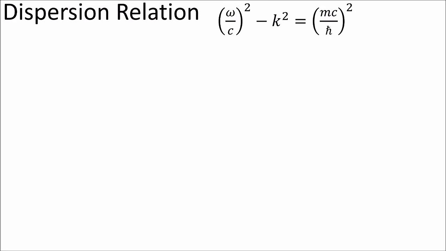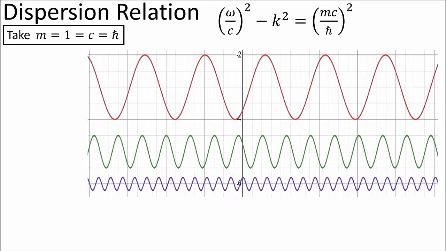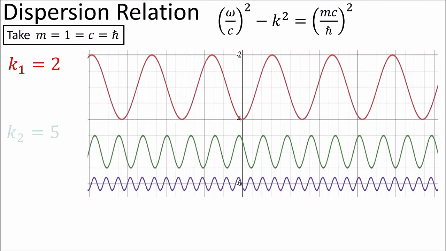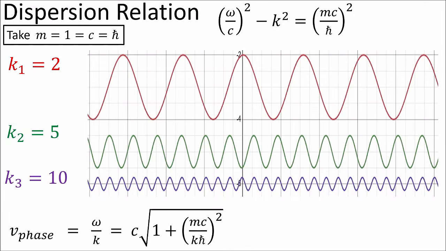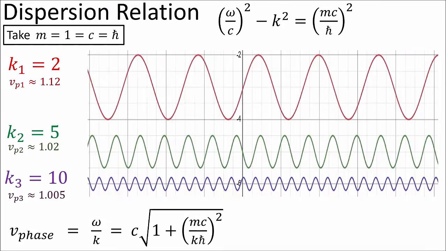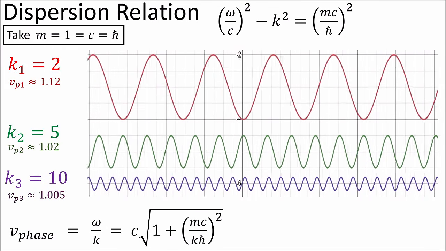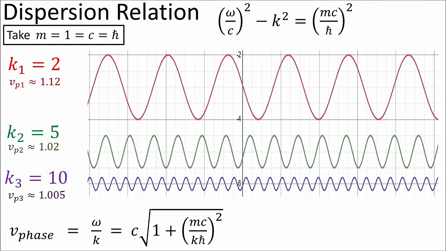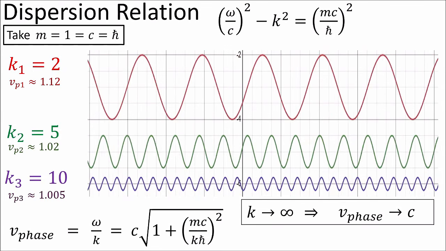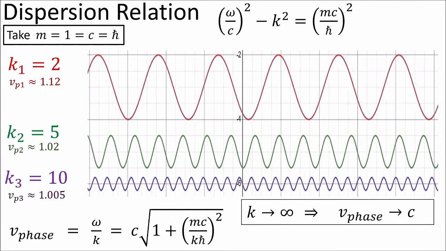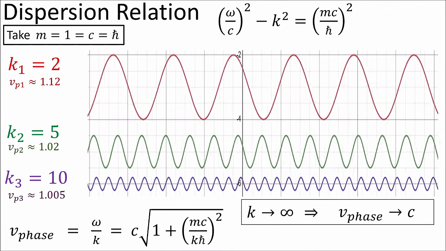Now I'll finally talk about why this relation is called the dispersion relation. If we imagine a set of basic cosine solutions with different frequencies and wave numbers, then each basic wave will travel at a different phase velocity depending on the value of its wave number k, since the mass m is constant for the whole field. We can see that when k is very large, the phase velocity will be about the speed of light.